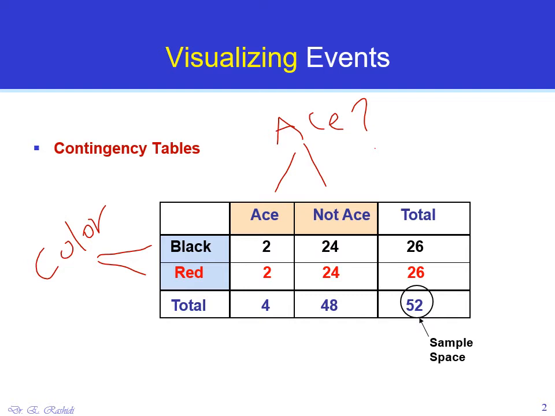For example, we have a total of 26 black cards and a total of 26 red cards, which are going to add up to 52. For the black cards, 24 of them are non-ace and 2 of them are ace cards. Similarly, for red cards, we have 26 red cards, 24 of them are non-ace, 2 of them are ace cards.